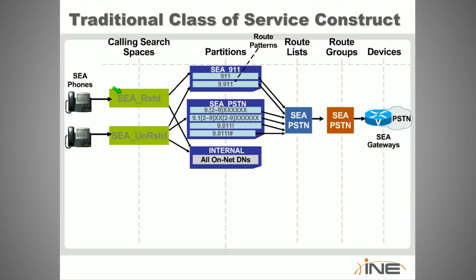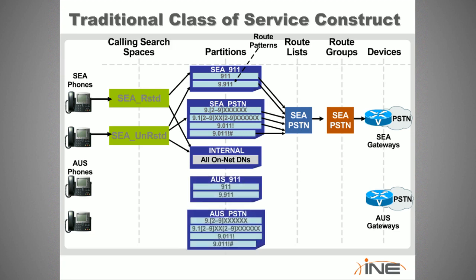But you can see that by giving, let's say, the Seattle restricted calling search space only access to 911 and internal, we've effectively shut them out from dialing any local, long distance, or international numbers. They can't dial to the PSTN at all except for emergency calls. Here is our traditional calling search space construct. We've also got Austin, Texas phones here.